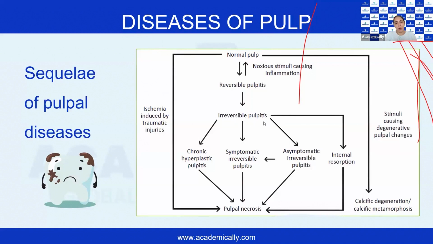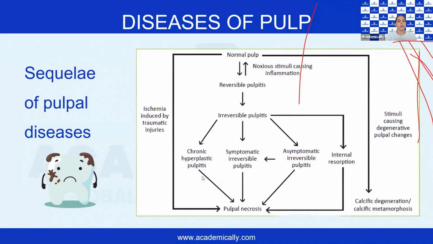Now, depending upon what kind of inflammatory mediators and cellular responses happen, there can be 3-4 types of irreversible pulpitis. Basically, this term signals that the pulp cannot go back to normal health. It could go to chronic hyperplastic pulpitis, also known as pulp polyp. We will go into details of this. It means the cells have gone into hyperactivity in producing more pulp tissue.